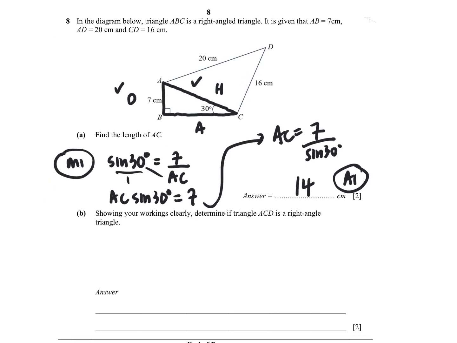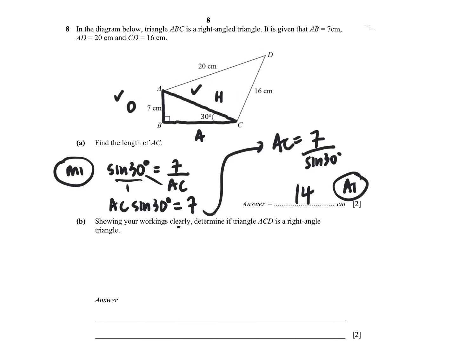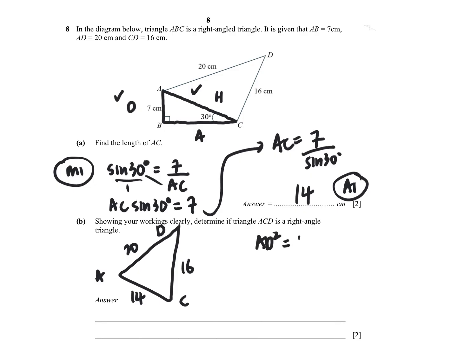Okay, last one. First thing I need to see is between the three sides of a triangle. This is 20, 16, and 14 that you just found. So pick the longer side, that is your hypotenuse. So AD square is 400. Then you go and find the sum of squares of the other two sides, which is 14 square plus 16 square.